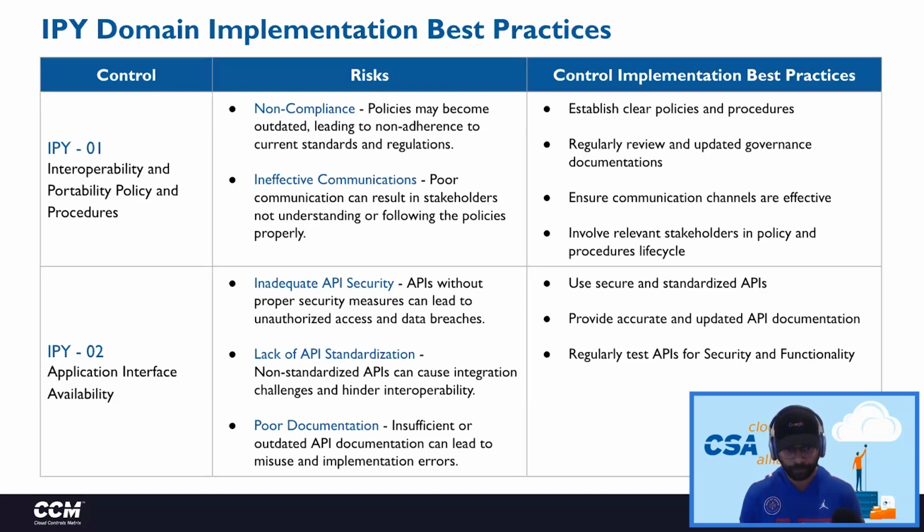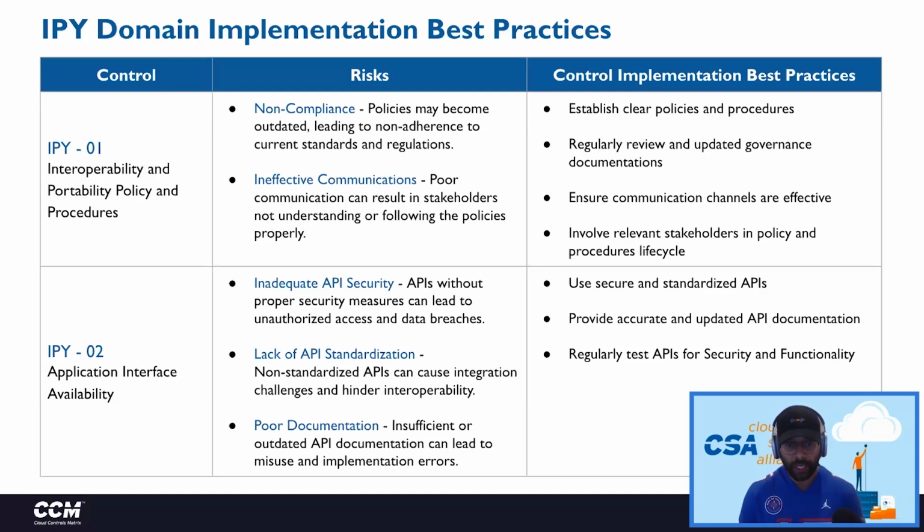For the second control, which is around application interface availability, a few of the risks that we can think about are inadequate API security, lack of API standardization, and poor documentation. APIs without proper security measures can lead to unauthorized access and data breaches.